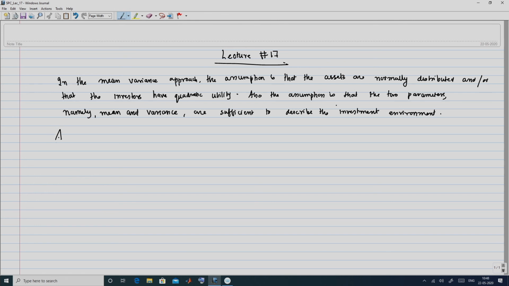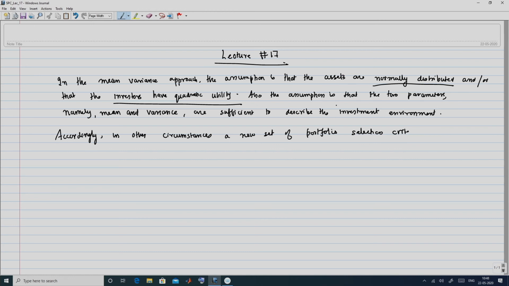So, once these circumstances do not hold, that means when the assets are not normally distributed or when you do not have quadratic utility, under those circumstances a new set of portfolio selection criteria is needed.